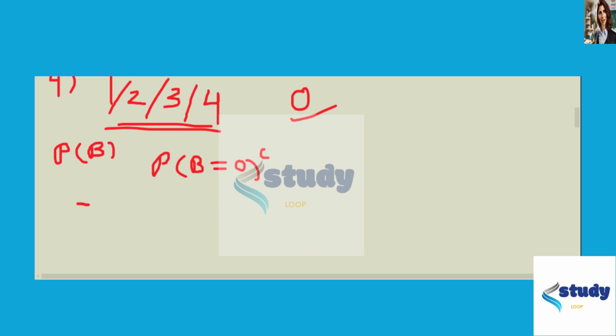Now, this is equal to probability of first person, we have taken, there is no one of type B. That is, first person is not of type B, so B complement. Second person is also not of type B, it is also B complement. Third person is also not of type B, again B complement. And the fourth person is also not of the type B blood. That is, we have got that no person is of type B blood.